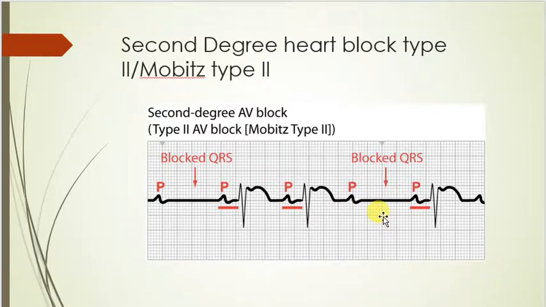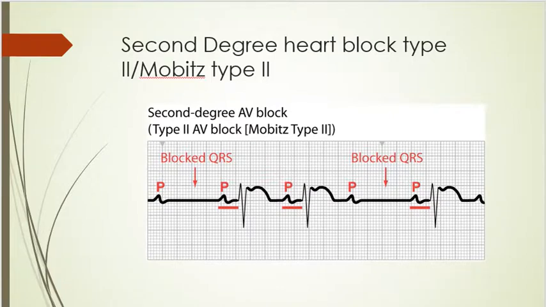So you might have two normal beats and then one dropped beat, or you can have three P waves for every QRS complex. So you could have three P waves and then a block, and then four P waves and a block. I'm not going to tell you to name that. Just be able to tell me that this is a second degree type 2 block.